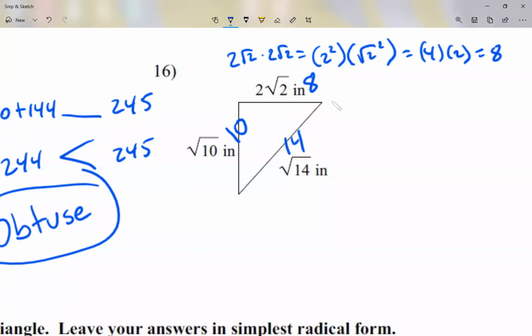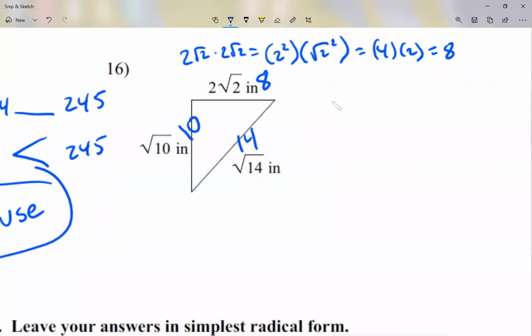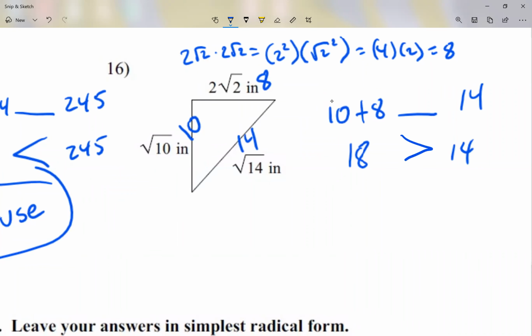All right. Remember, I'm going to add the two small numbers. So let me go 10 plus 8. And then 14, right? I left the space. So I have 18 and 14. I know 18 is greater than 14. And according to our formulas, when I have a squared plus b squared greater than c squared, I get acute.